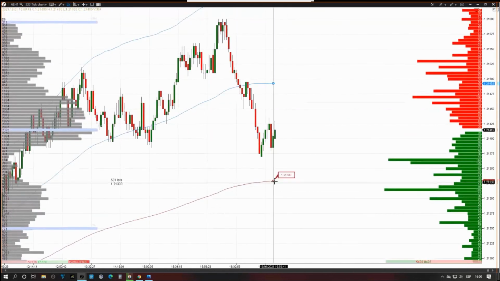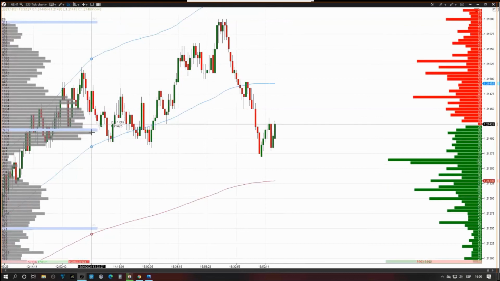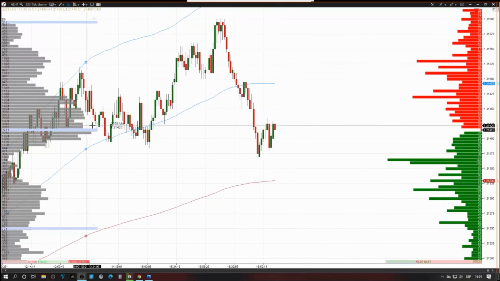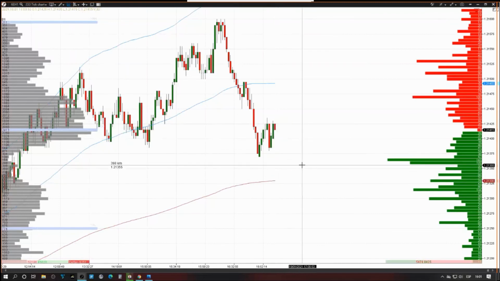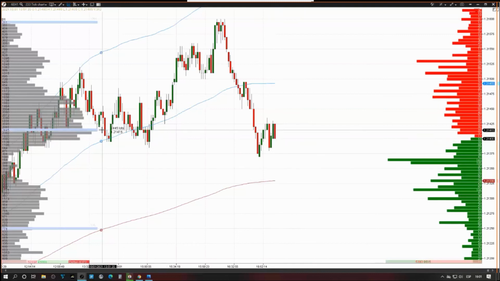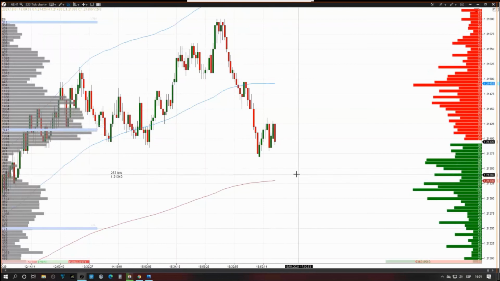But you can see, for example, in this case, the point of control that is here. Let me confirm. Okay, it's the current day. The point of control, which is the most traded price of the day, is here, but the VWAP is down here, so it's not in line. That makes the day a little harder to follow, because usually these two lines are pretty much together during the session.